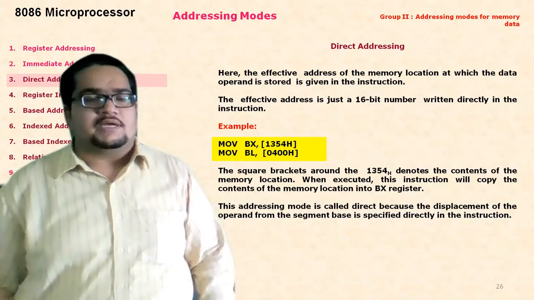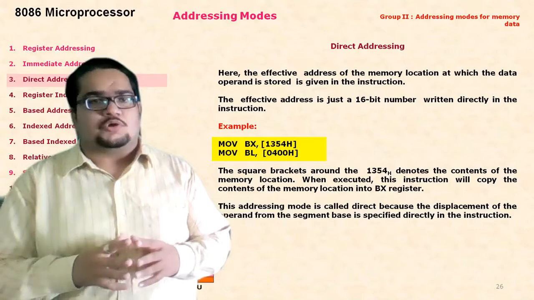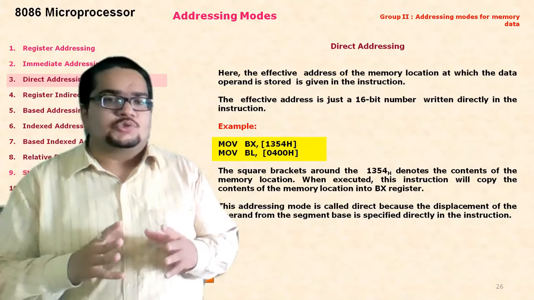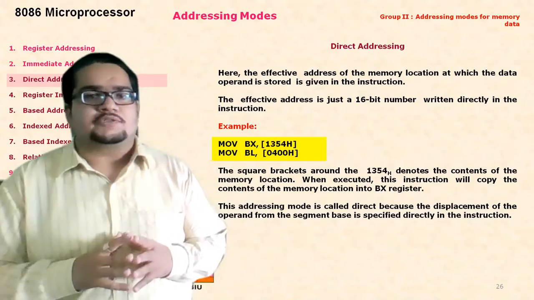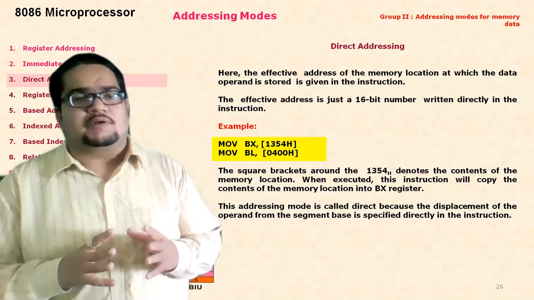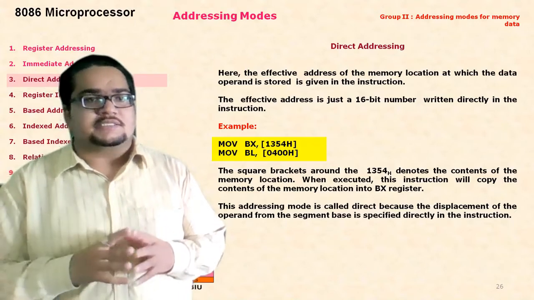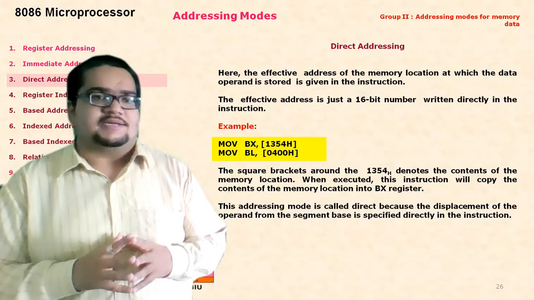In this, 1354h is actually the effective address or offset address of the data where it is located in the memory. So while executing this instruction, the data located at the address 1354h will be taken into the register given there.